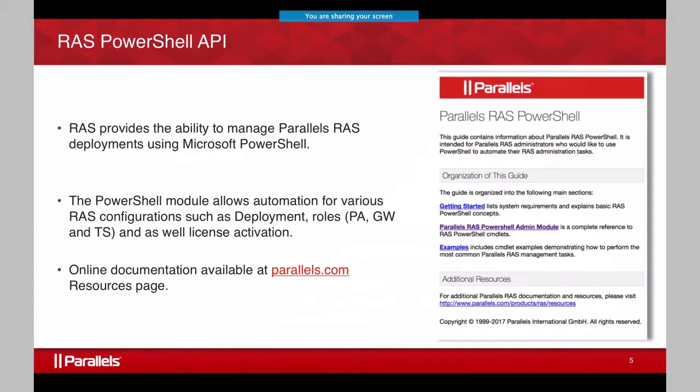RAS installation, RAS licensing or license activation, and configurations related to deploying roles like the PA, the gateways, the terminal servers, and publishing applications or desktops. Scripting can be very useful if you do very repetitive tasks in terms of cloning and deploying, and changing applications and configurations.